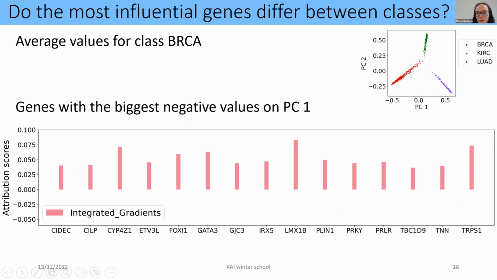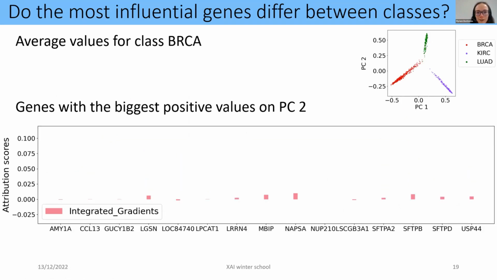It's this part of the image. So this is coherent. And finally, this is the last part of the image, and it's also small. So we can say that the most important genes are indeed the ones which enable us to discriminate the classes, which is coherent.